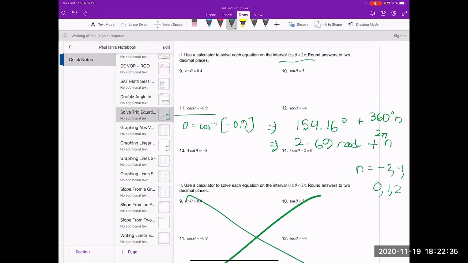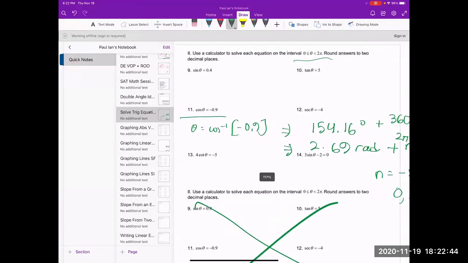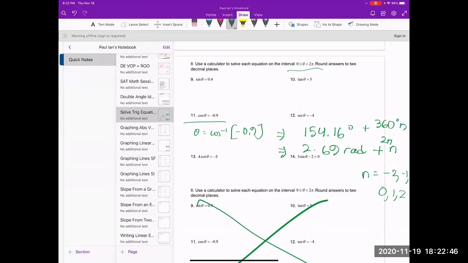I don't know how to describe it. Kachi mentioned it, and I was confused, but I don't have time to ask because we're taking an assessment. The one thing I would say, when it gives you 0 to 2 pi, I would probably just add 2 pi and 0 or 2 pi, whatever.